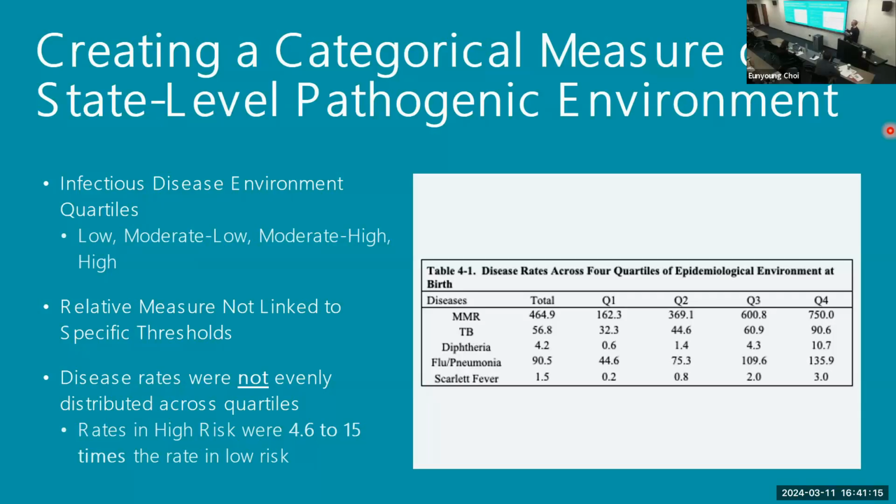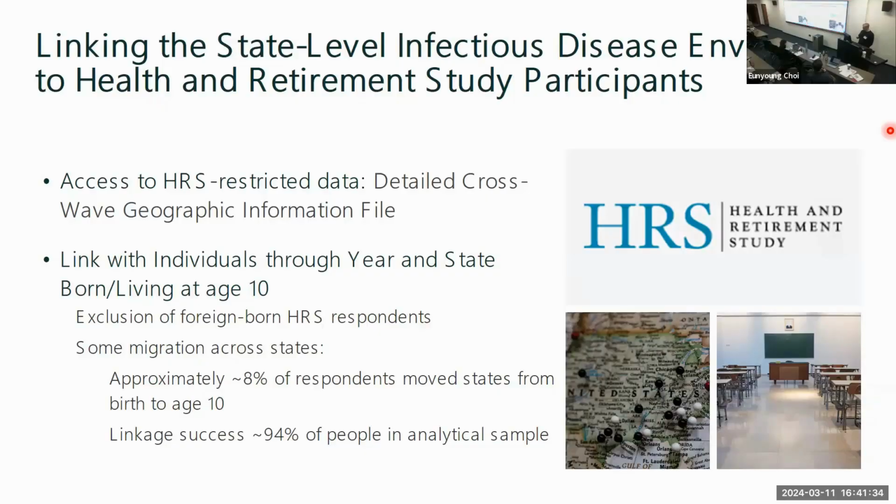So when we think about the quartiles, we shouldn't think that it's the same amount of increase. In fact, there's a 4.6 to 15 times rate increase in the fourth quartile compared to the first. So this is a really infectious environment up here, that 25% of the people are essentially living in at some point.